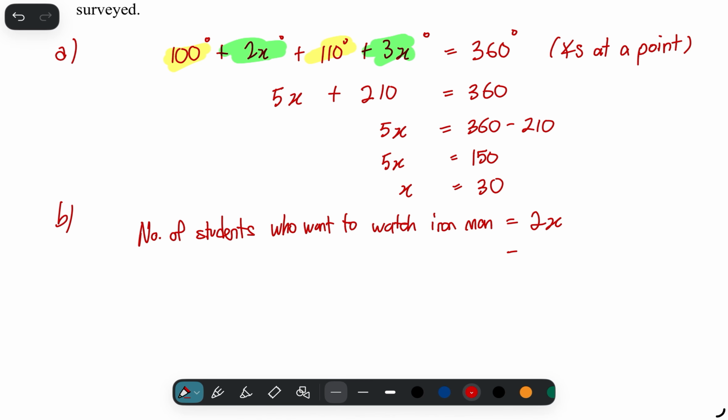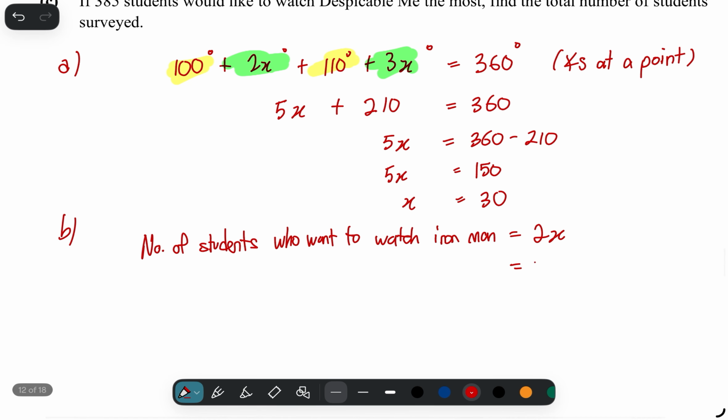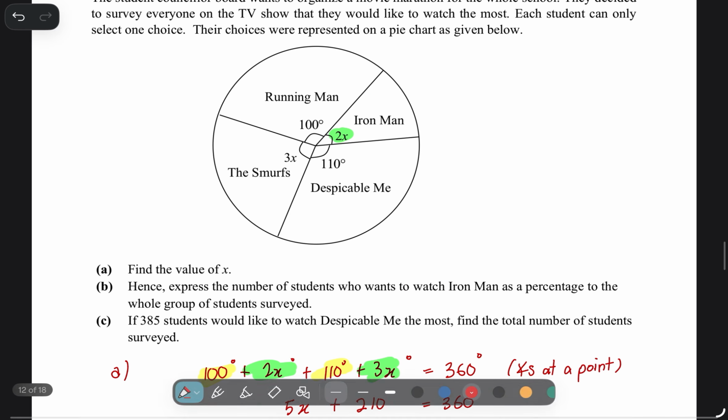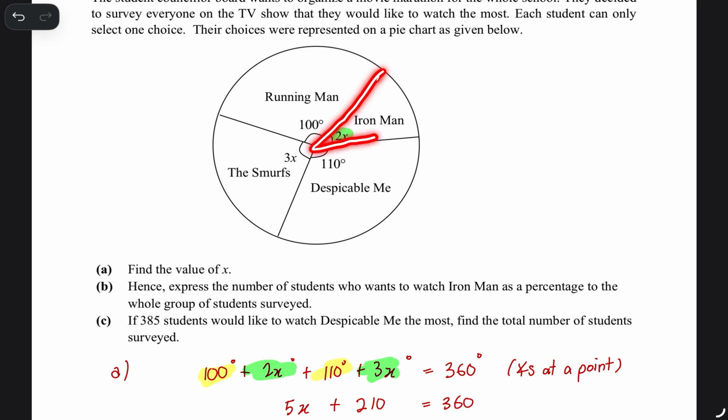And since I found in part A, x is 30, so this is simply 2 times 30, which is 60 students. In this case here, 60 degrees. Okay. So, I know that over here, this angle here is 60 degrees. How do I find this number of students as a percentage of the whole group over here?